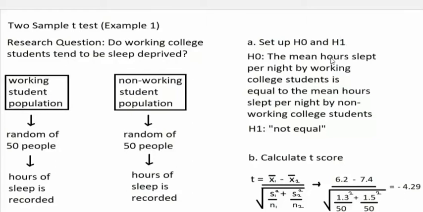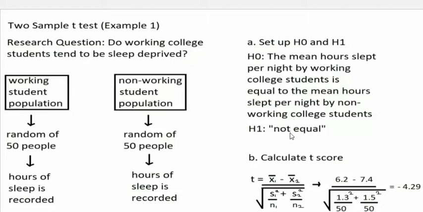H0 is: the mean hours slept per night by working students is equal to the mean hours slept per night by non-working college students. The population means are equal, basically. And H1 is the same exact statement, except instead of equal, it's not equal.